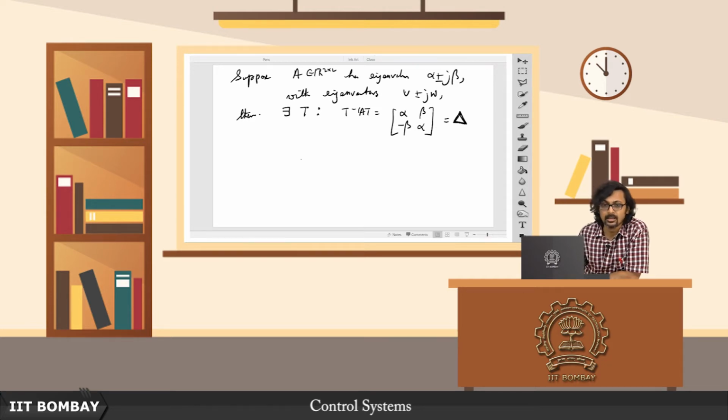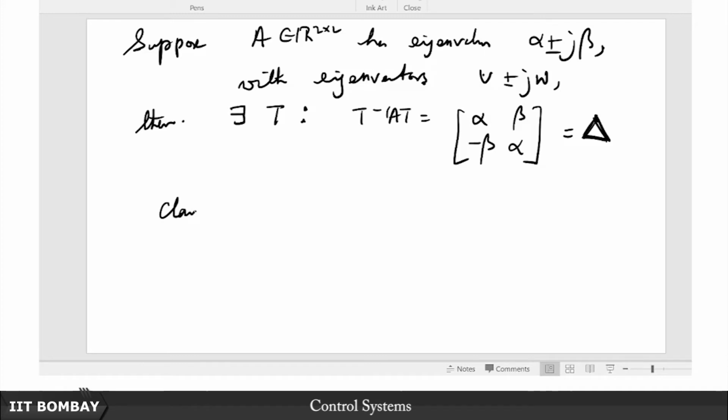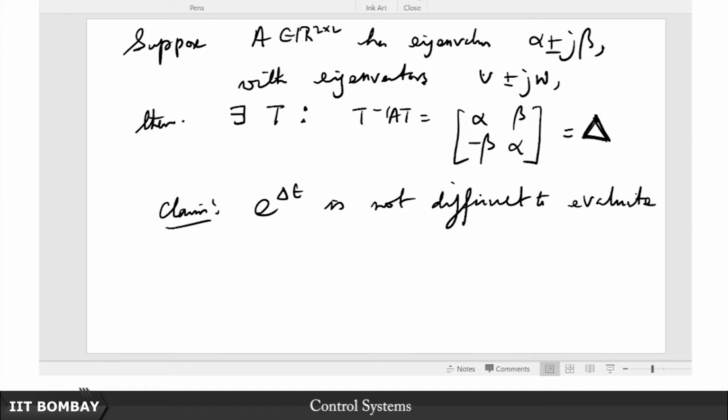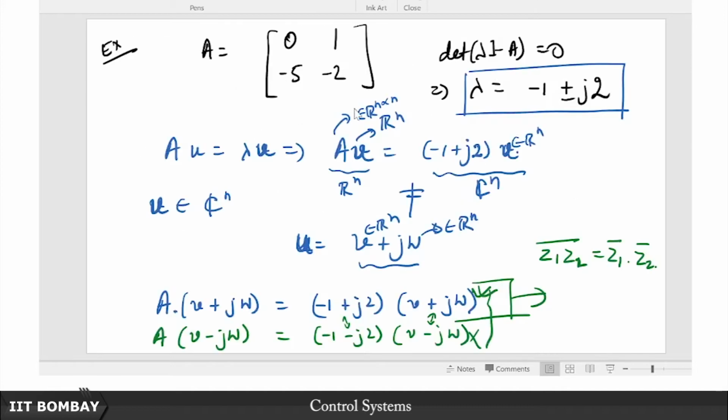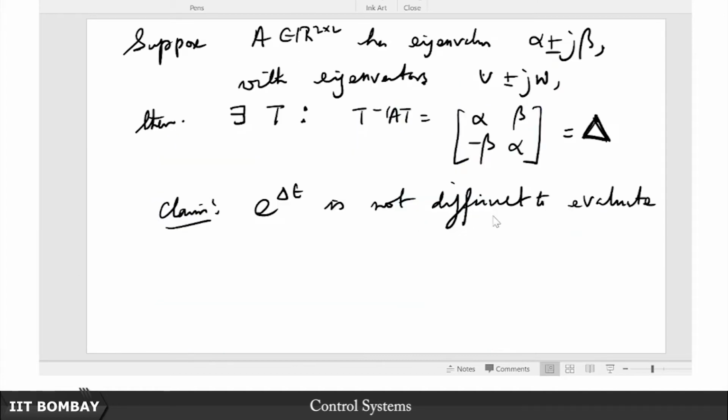Now I am claiming e to the delta t is not difficult to evaluate. In fact, it is easier to evaluate than the original matrix. Why? Because this has a repetitive pattern. So now what is the pattern?